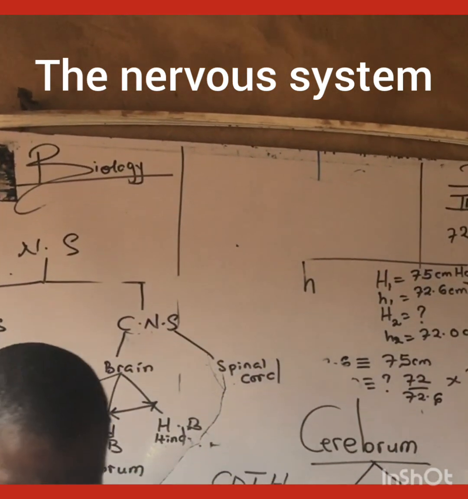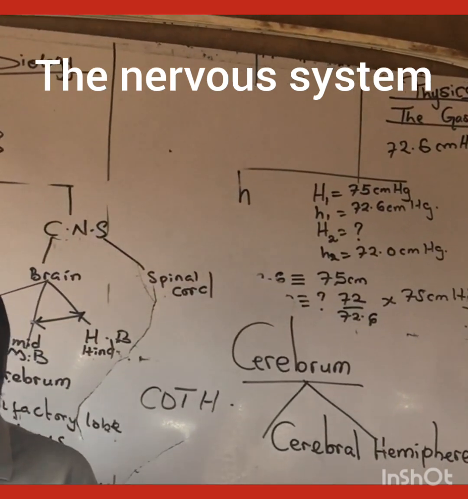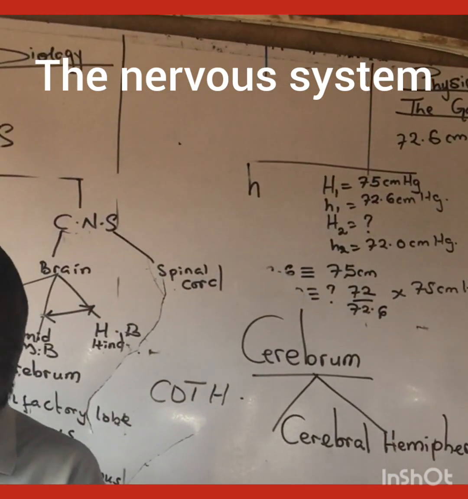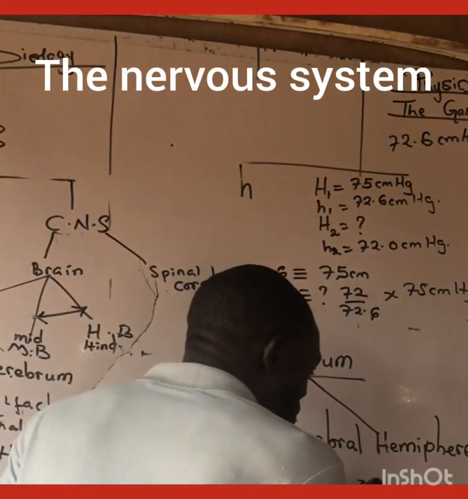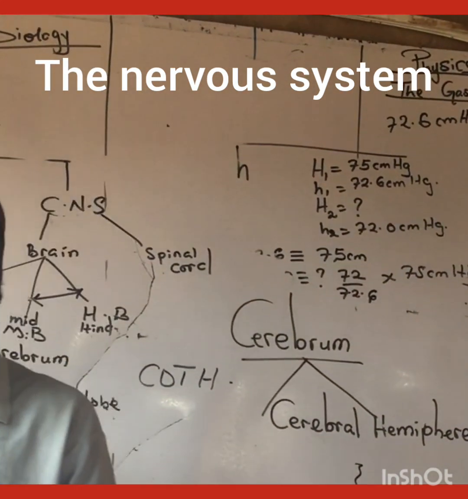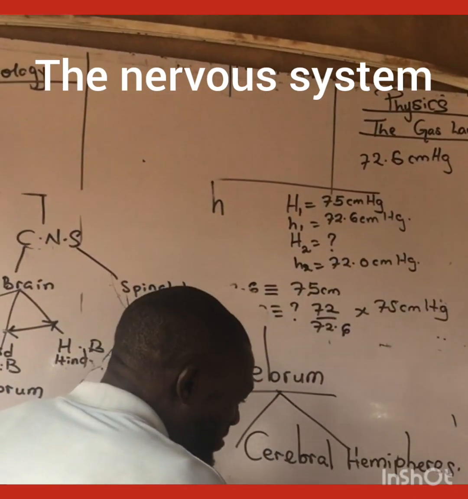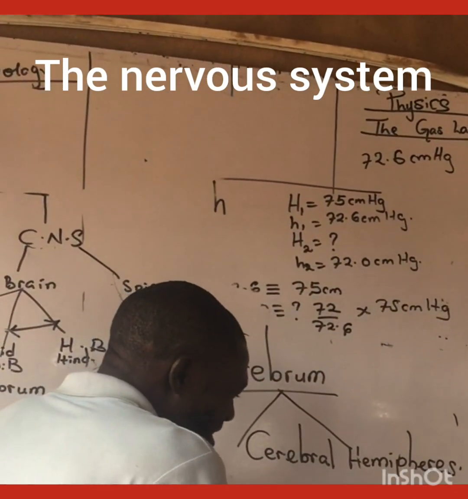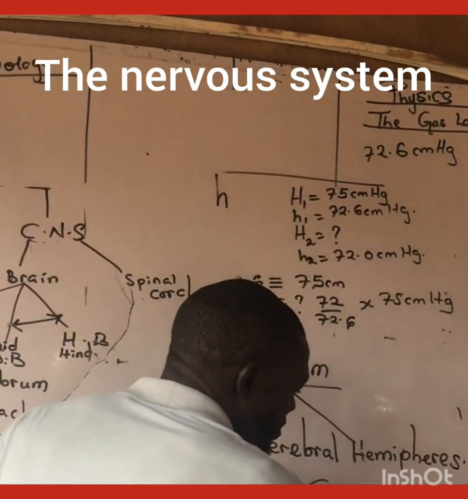Now, what makes this division possible? When something is divided into two halves like this, we have what we call the median fissure.